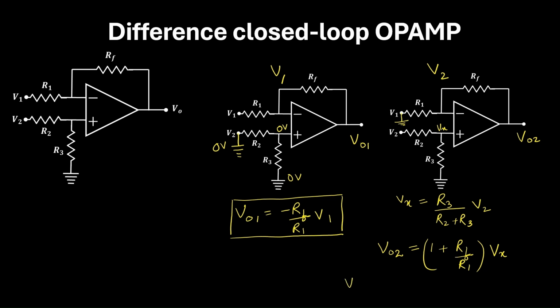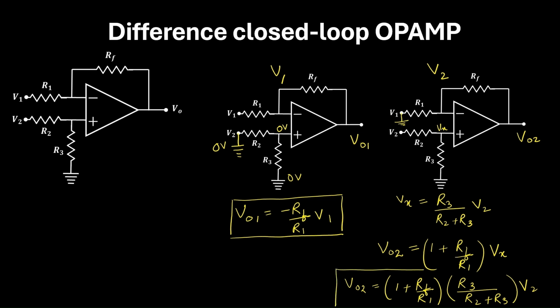So we can write V02 as 1 plus RF by R1. Now we can substitute the expression of Vx, that is R3 divided by R2 plus R3 into V2.